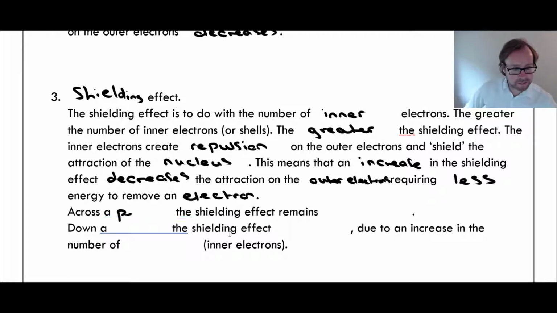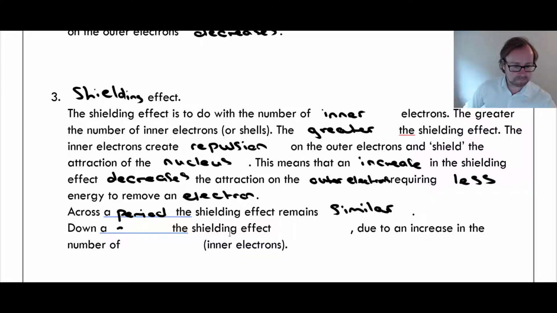So across a period, the shielding effect remains similar. We can explain this because we are not adding any inner electrons across a period, because we're adding onto the outer shell, which makes sense. So the shielding effect is very similar.